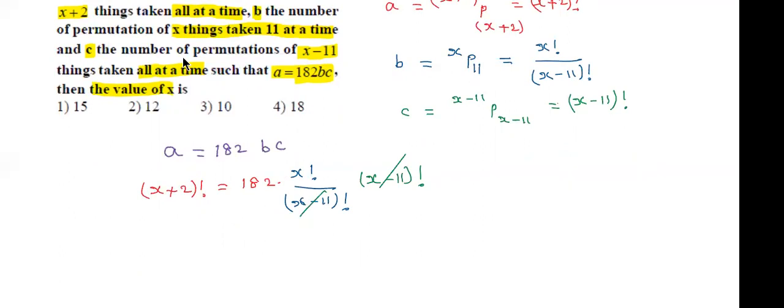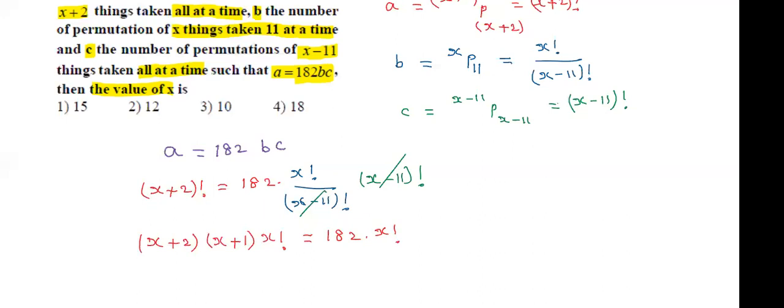Next, see the left hand side x plus 2 factorial, right hand side x factorial. Out of these two, which is big? x plus 2 factorial is big. Now I am going to write it decreasing. So x plus 2 decreasing means subtract 1, x plus 1, next x factorial is equal to 182 into x factorial.